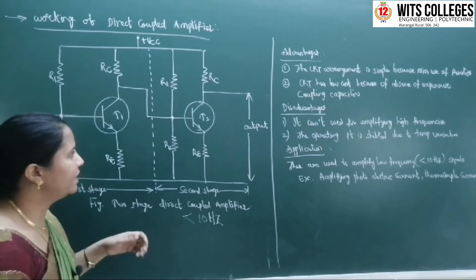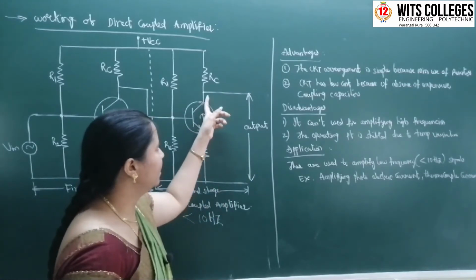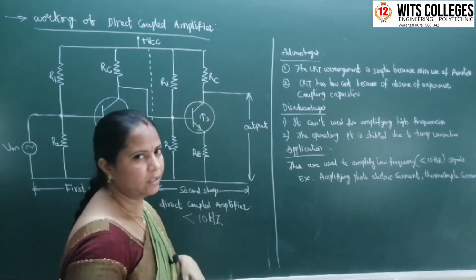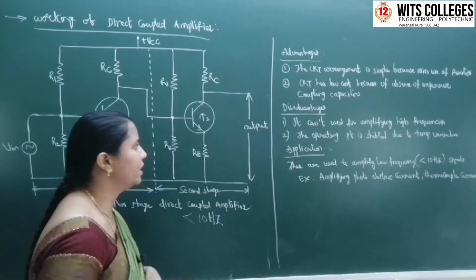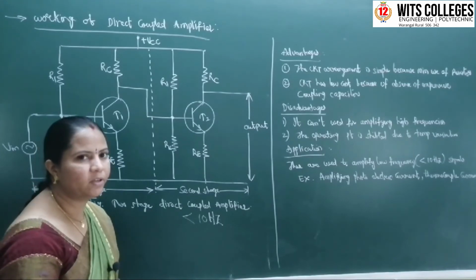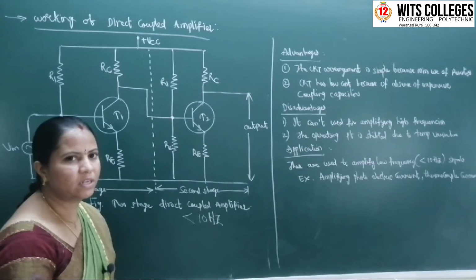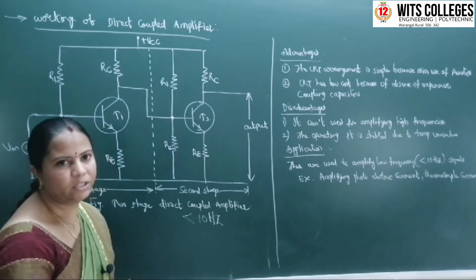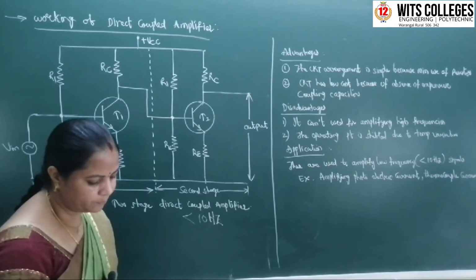Again the signal is amplified and you get the output at the collector of the second transistor. So this is the circuit operation of the direct coupled amplifier. These direct coupled amplifiers are used to amplify very low frequency signals, below 10 Hz only.